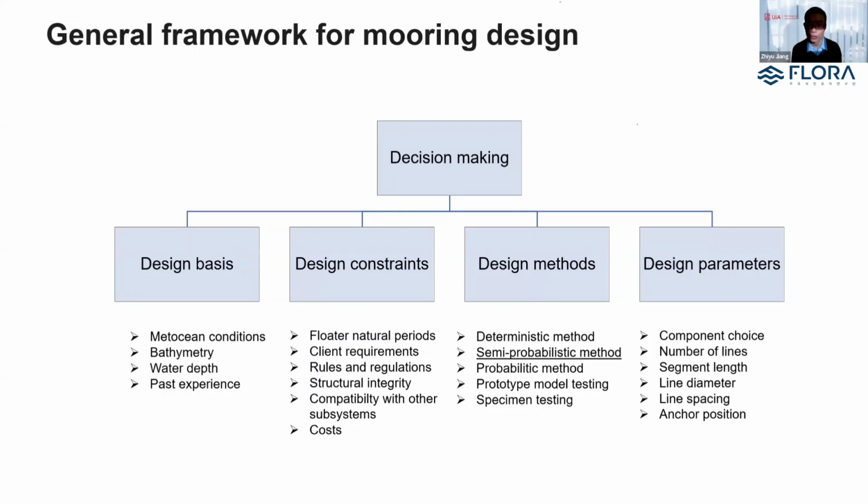We only need to use those partial safety factors to achieve sufficient safety. But to calibrate those partial safety factors, sufficient effort must be spent beforehand applying structural reliability methods. And for the design parameters, as I mentioned earlier, there is a variety of parameters that one can take into account depending on the availability of components at disposal.